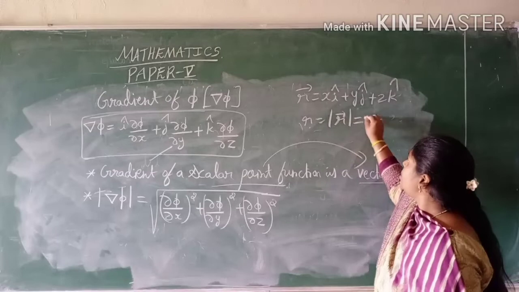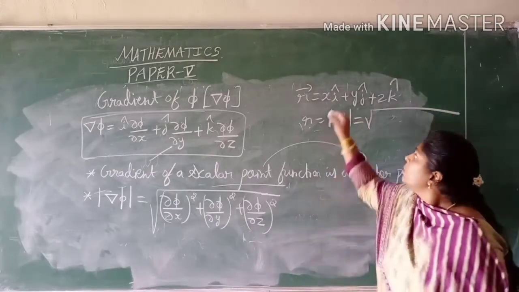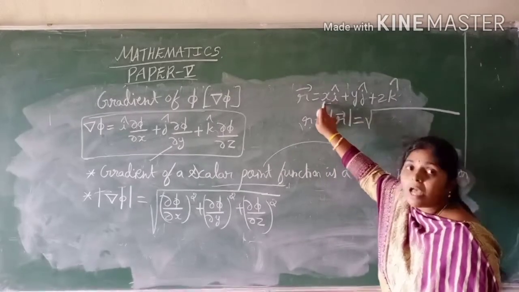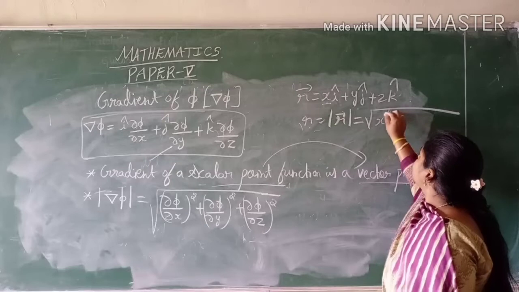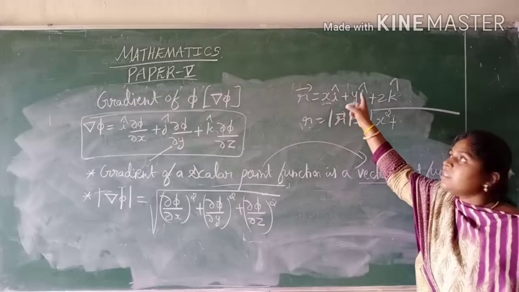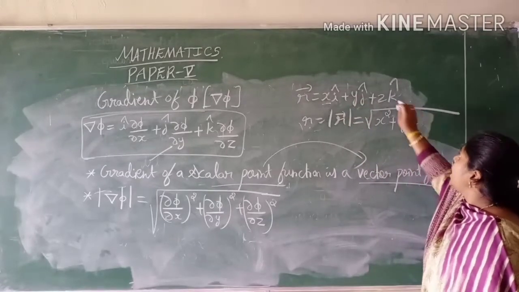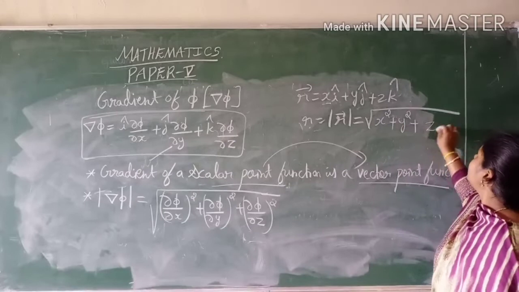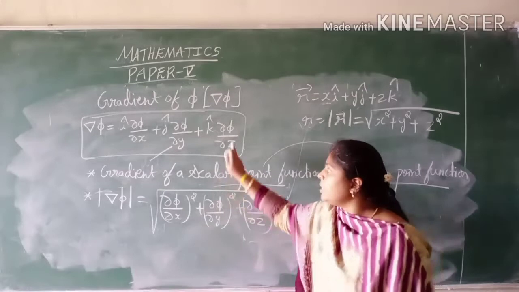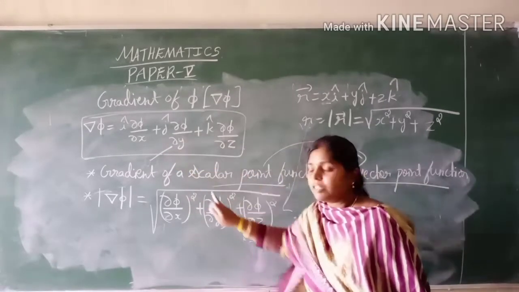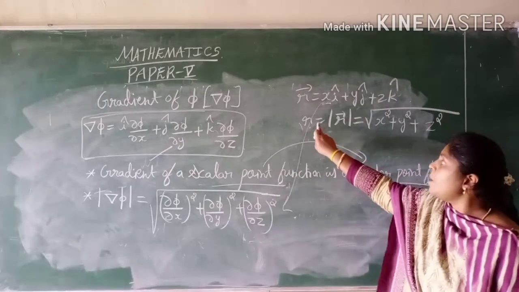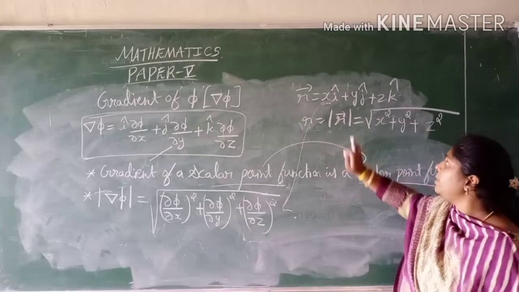The modulus of vector r is the square root of the square of the coefficient of i cap, which is x, so x square, plus the j coefficient y squared, plus the k coefficient z squared. In the same manner we apply this to the modulus of grad phi: the i coefficient is ∂phi/∂x, the j coefficient is ∂phi/∂y, and the k coefficient is ∂phi/∂z. These formulas you want to remember. r is equal to the modulus of vector r. Clear?